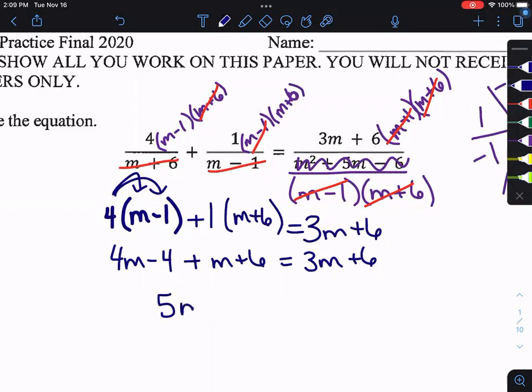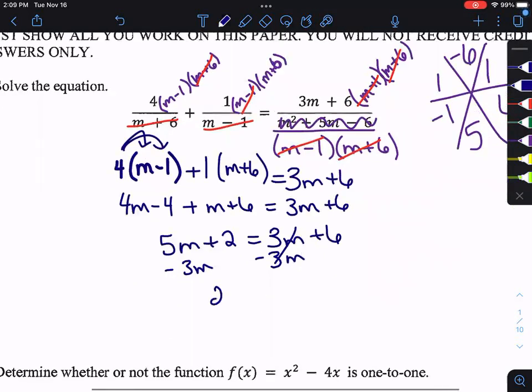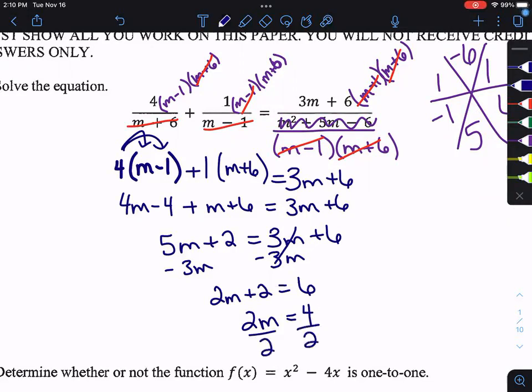So 5m plus 2 equals 3m plus 6. Subtract 3m from both sides. That's going to give us 2m plus 2 equals 6. Subtract 2 from both sides, 2m equals 4. Divide both sides by 2, and m equals 2.